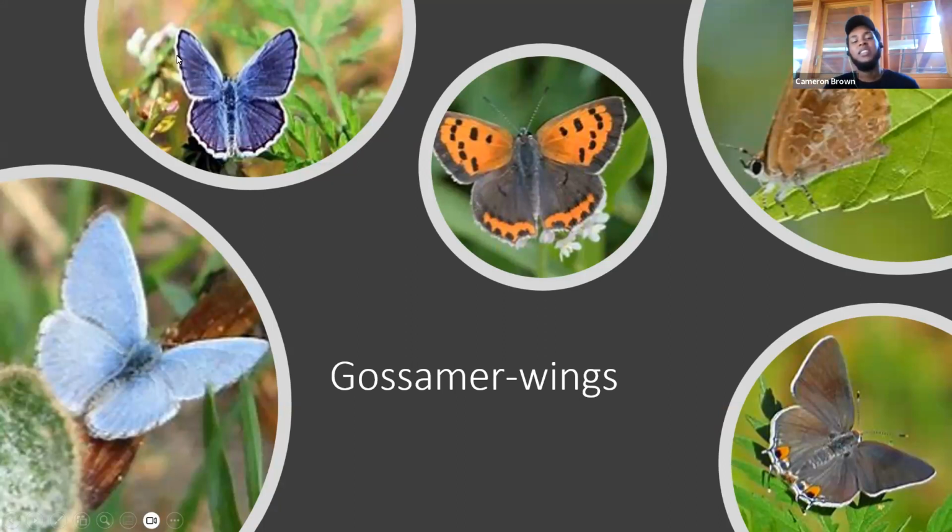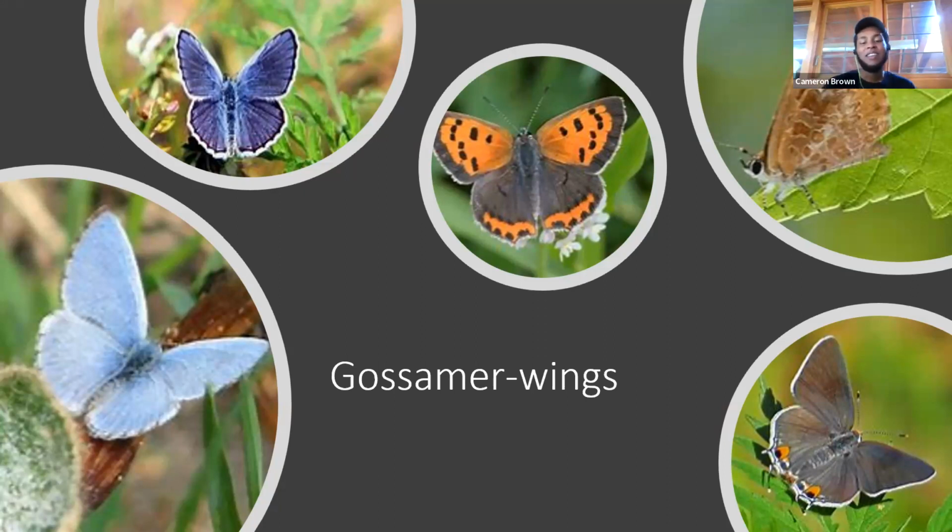The Karner blue is an endangered butterfly that's found throughout the Midwest and a few areas in the eastern part of the country, and it requires the plant wild lupine, which is also endangered. So it has this endangered plant, endangered butterfly, kind of a bad combination there. But there are conservation efforts happening here in Wisconsin and other areas to help continue the populations.